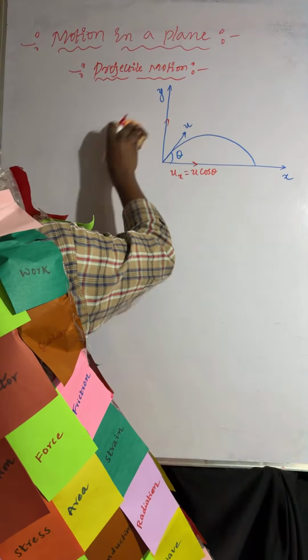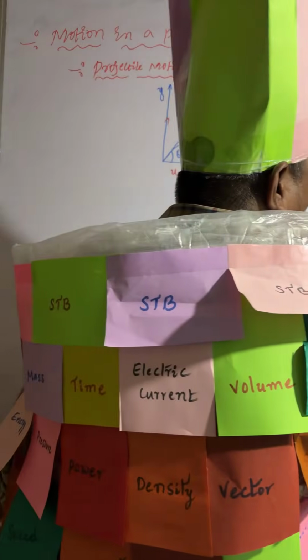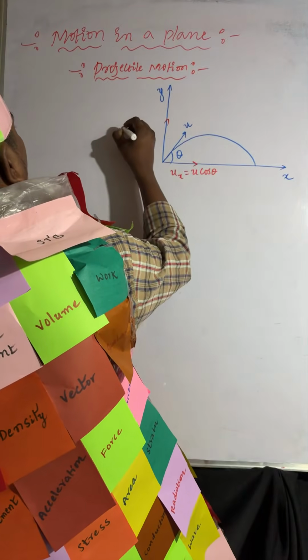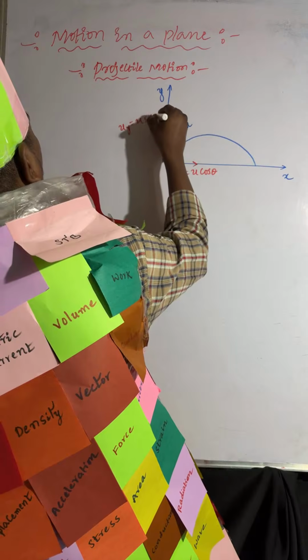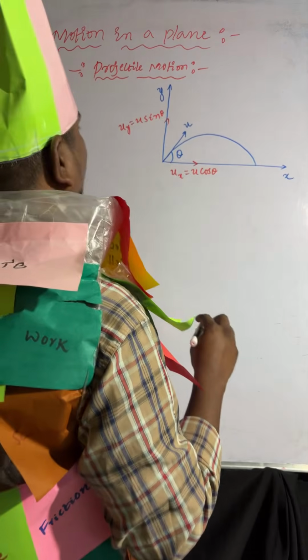I hope it is very clear. Once again, ux equals u cos theta, uy equals u sin theta.